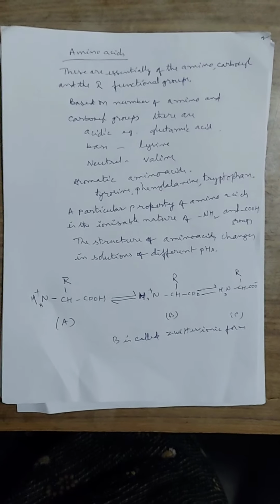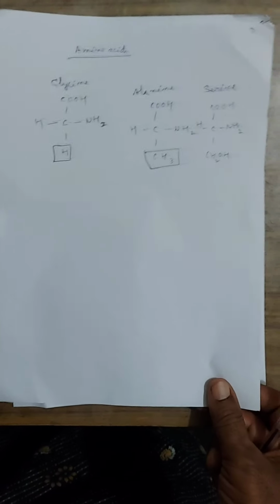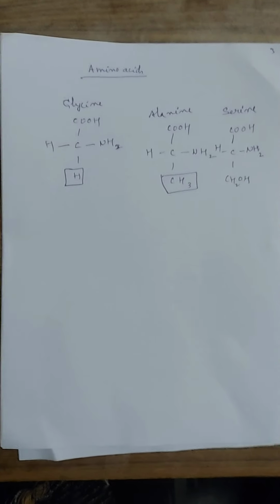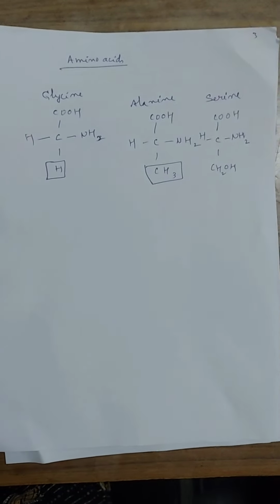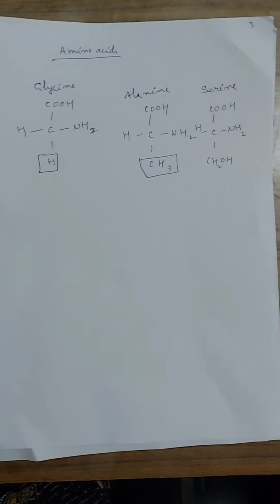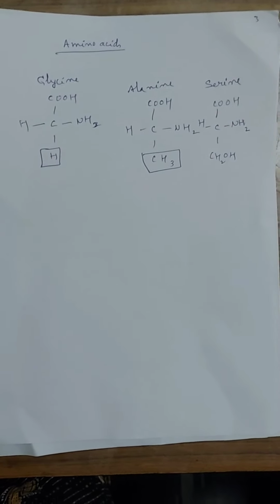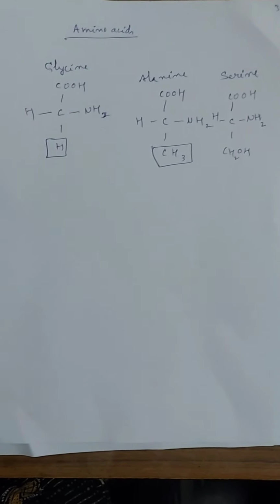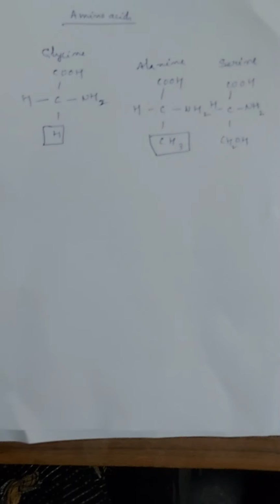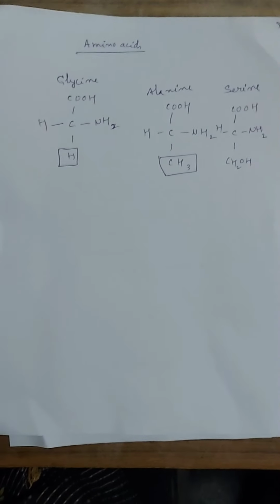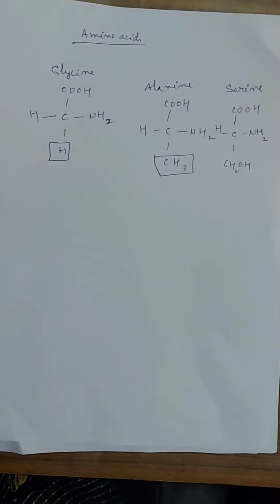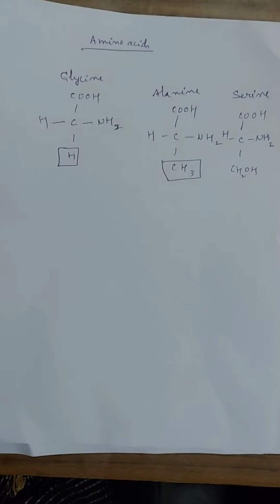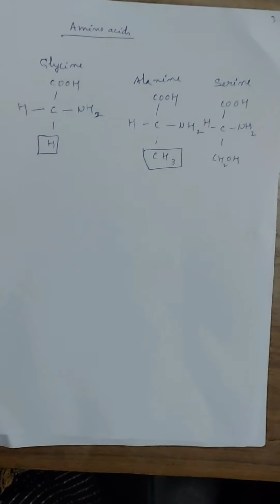Next, I shall pass on to different amino acids. See here the structural forms: glycine, alanine, serine. Okay, glycine is very simple. It has C, H, NH2, COOH, a simple amino acid, where R is equal to H. Next, alanine.